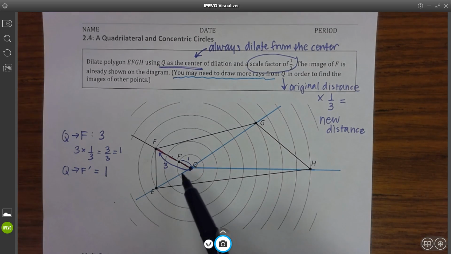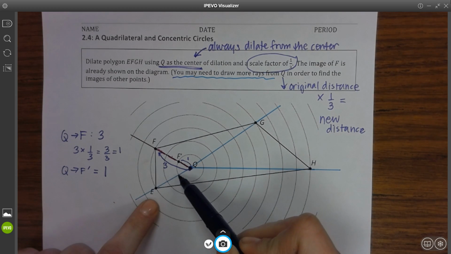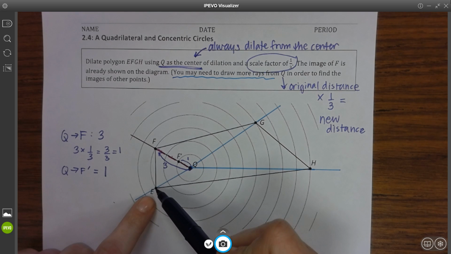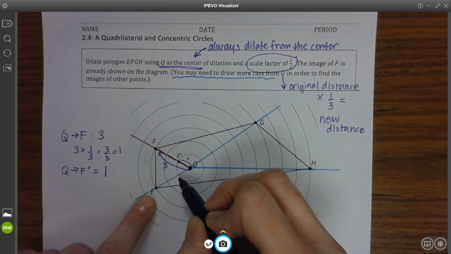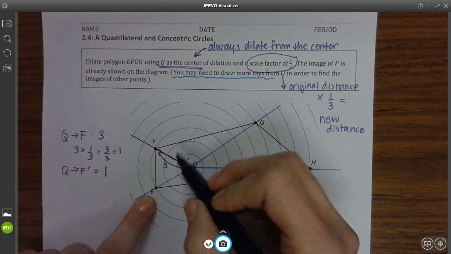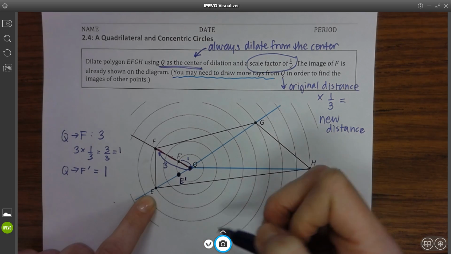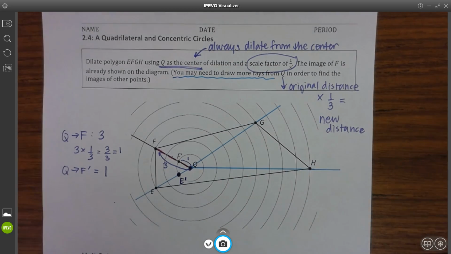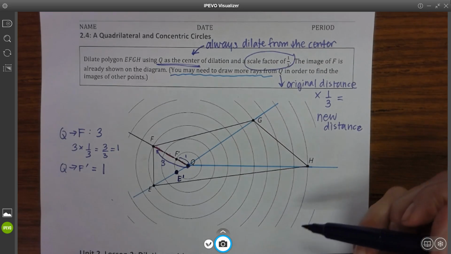Now, if we look for Q to E, we have 1, 2, 3. So my distance from Q to E is 3. My scale factor is 1/3. So I need 1/3 of 3, right? 1/3 of 3 is 1. Now you can do the math off to the side or not, it's up to you.